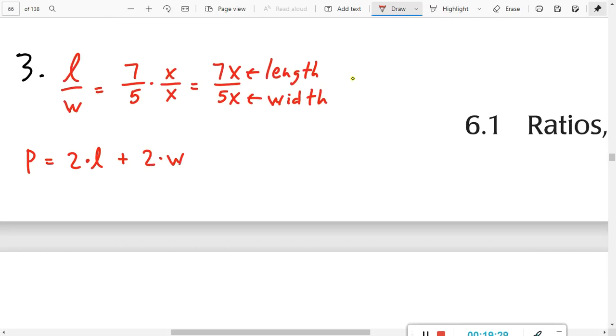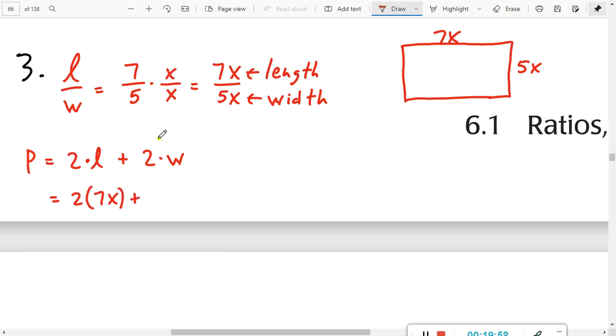Okay, if you recall, the opposite sides of a rectangle are congruent, right? So that's why we're going to do 2 times the width and 2 times the length. All right? So 2 times the length is 2 times 7x.